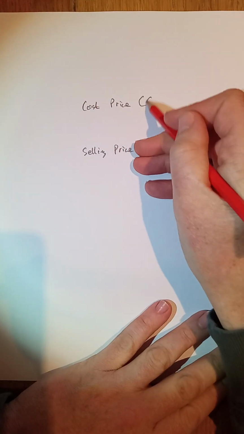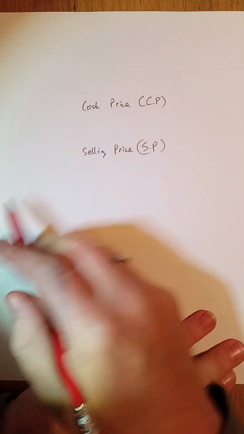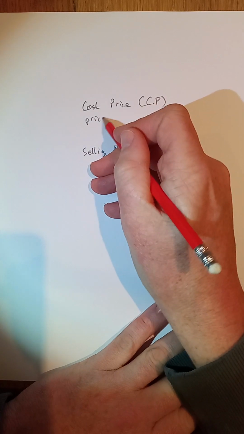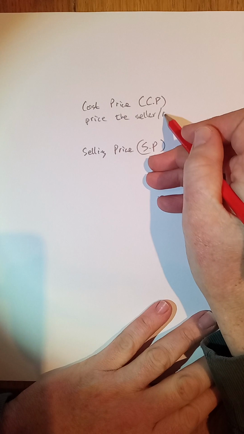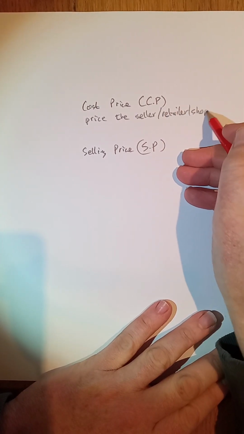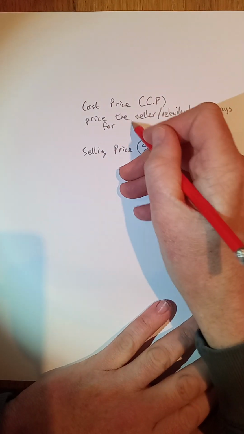Now, cost price, CP for short, selling price, SP for short. Okay, so the cost price is the price the seller, the retailer, the shop pays for the goods.